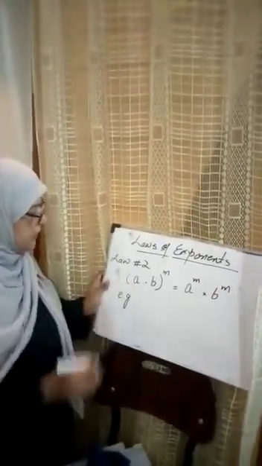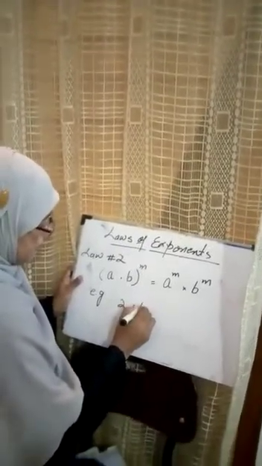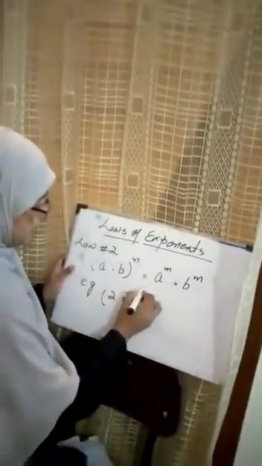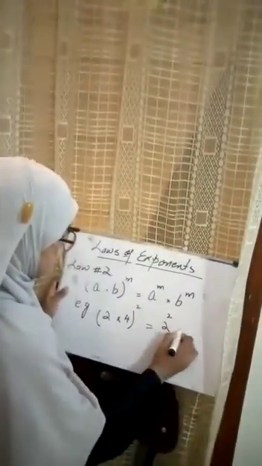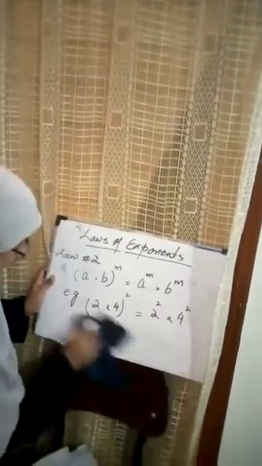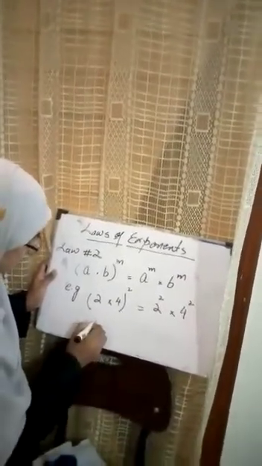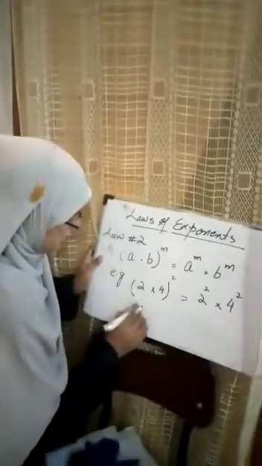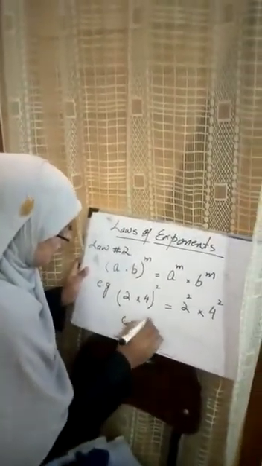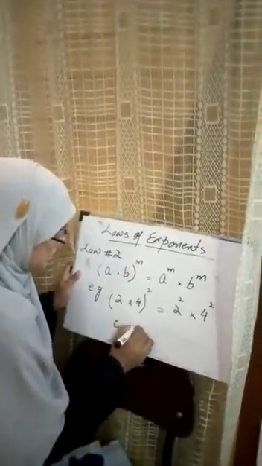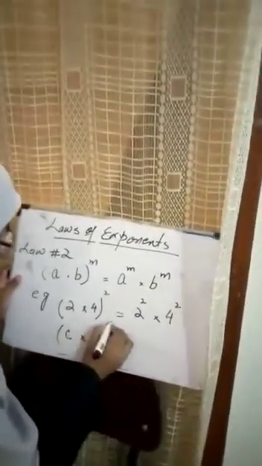Follow these examples. 2 multiplied by 4 to the power 2: we can write as 2 to the power 2 multiplied by 4 to the power 2. Or another example, c multiplied by d to the power 3.